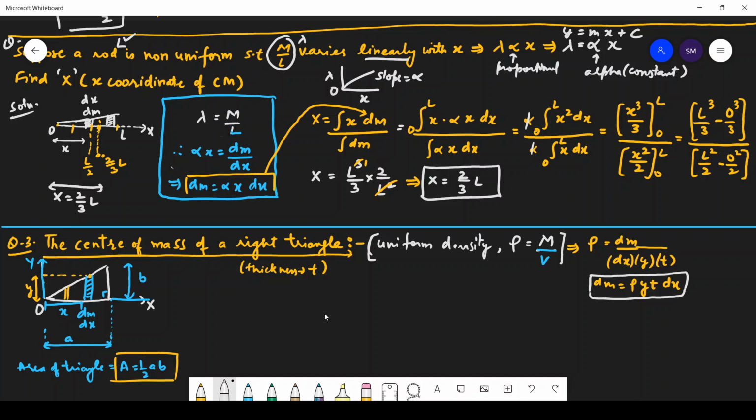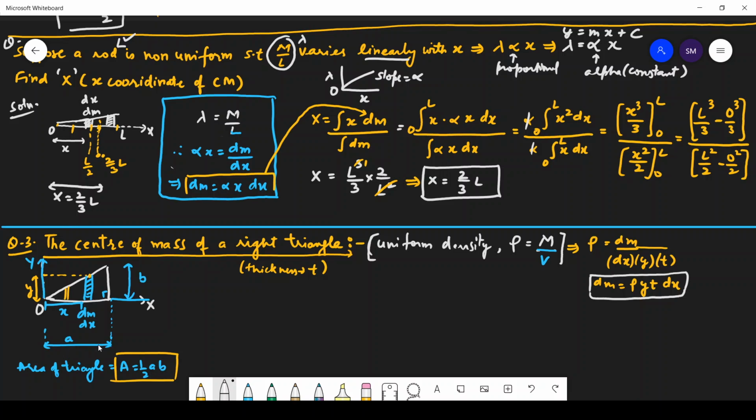Okay. So why are you not taking dy or dt? See, that's a very good question. Thickness is uniform, it is not changing. That's the first point. Thickness is constant. And the second point is that because I am taking the strips, my answer will only be in terms of x, like it was in terms of length.